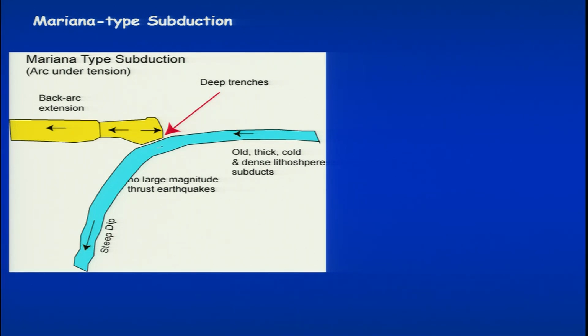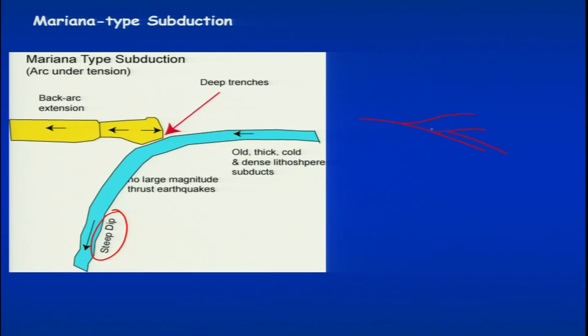Now the dip of this subducting plate is steep, and the contact between the overriding plate and the subducting plate is not much as what we were looking at in the shallow type, because in the shallow one we are having a very wide area which has been covered.